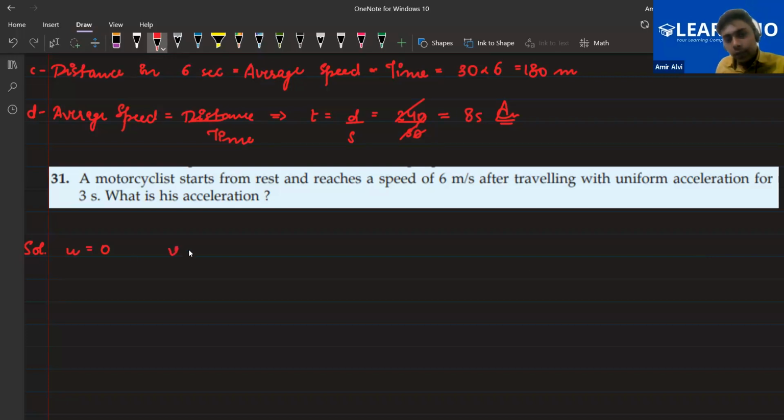So final velocity will be 6 meter per second, and the time taken to reach it is 3 seconds. Acceleration is the change in velocity, that is final minus initial by time. Final is 6, initial is 0, by 3. So 6 minus 0 is 6, divided by 3. It is coming out to be 2 meter per second.